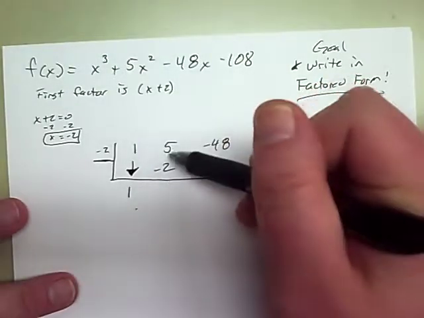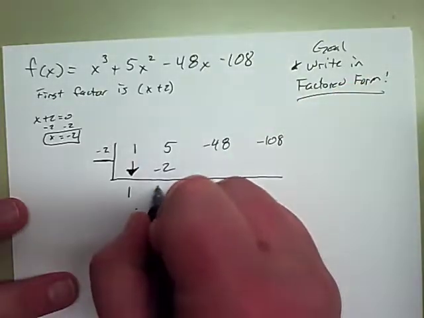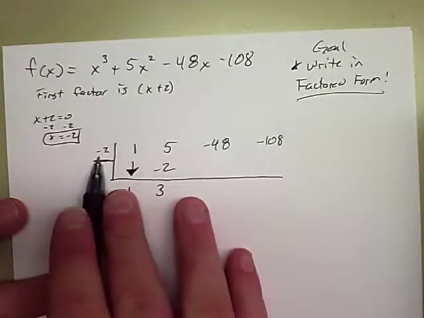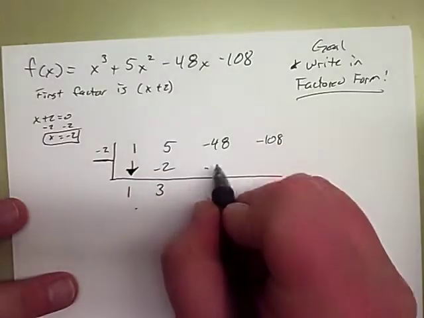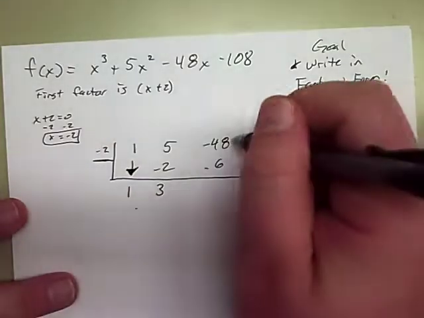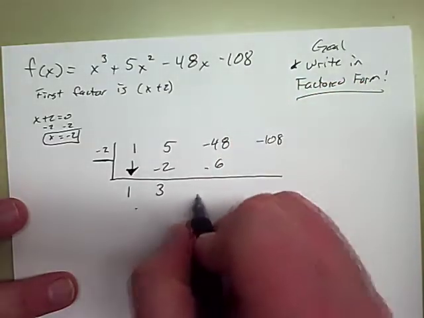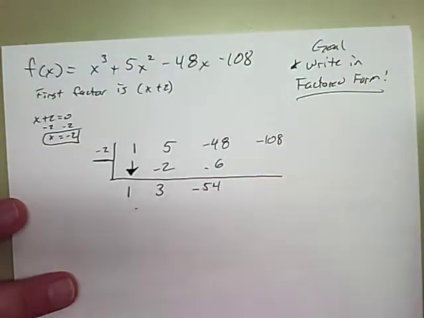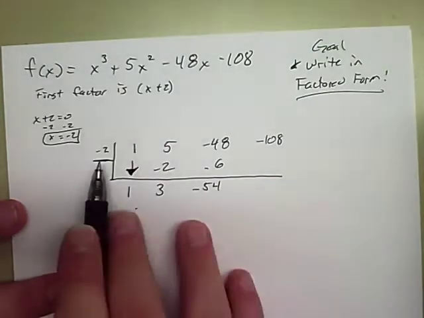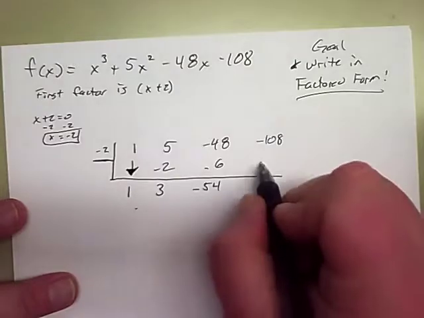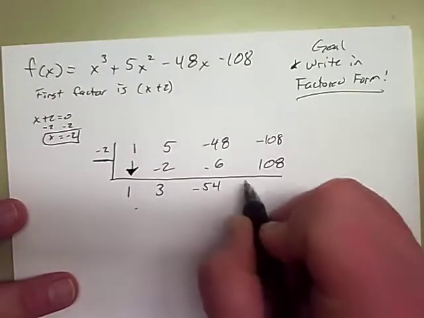Add down. 5 plus negative 2 is 3. Multiply diagonally. Negative 2 times 3 is negative 6. Add down. Negative 48 plus negative 6 gives me a negative 54. Now multiply diagonally. Negative 2 times a negative 54 is a positive 108.